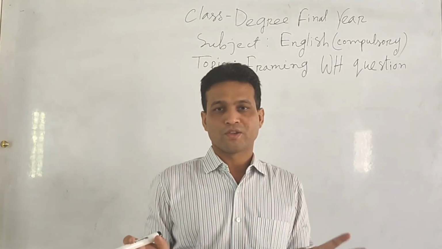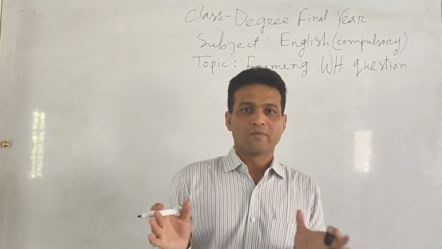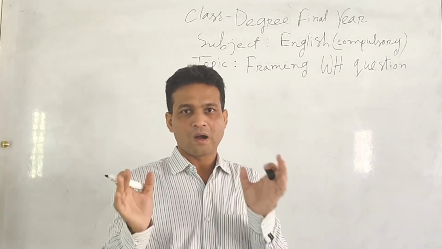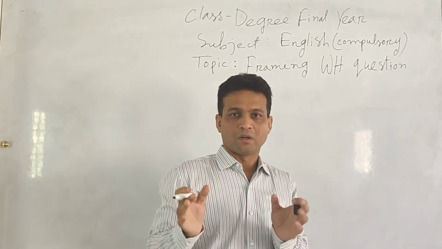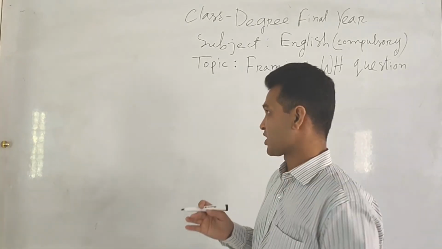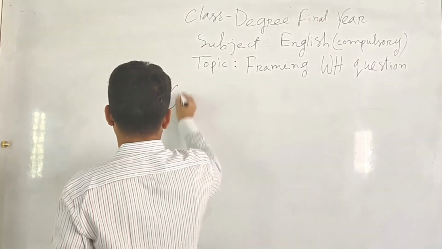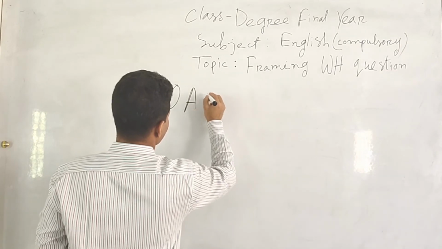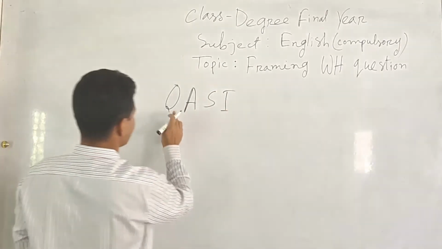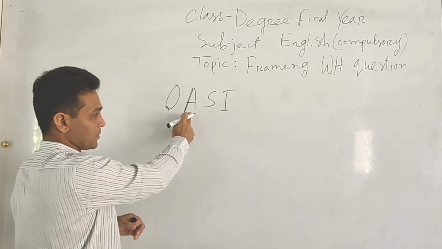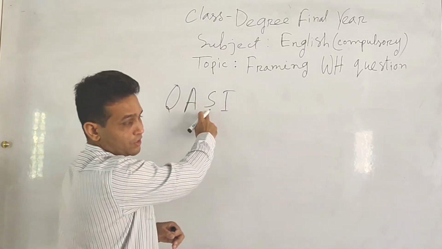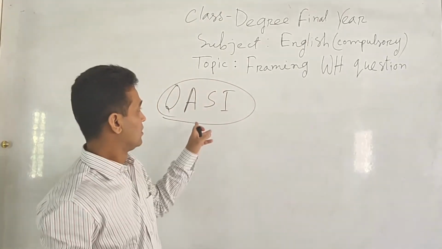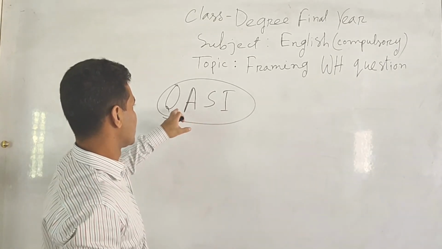Okay, dear students, from today's discussion, we have at least learned how to frame a WH question using a structure. I will repeat the structure: QASI. Here Q means question, A means auxiliary, S means subject, and I means infinitive without to. Using this structure, you can frame a WH question so easily.